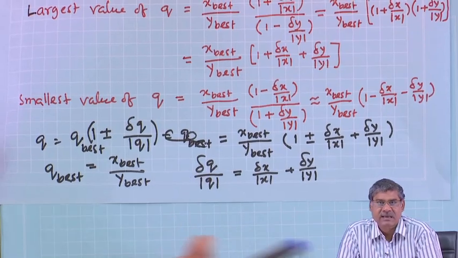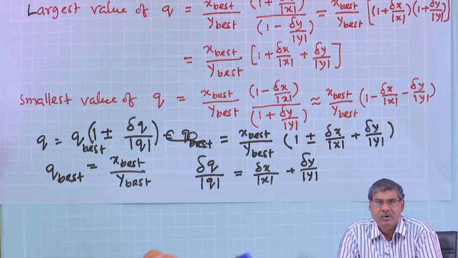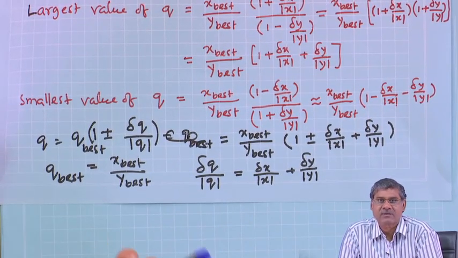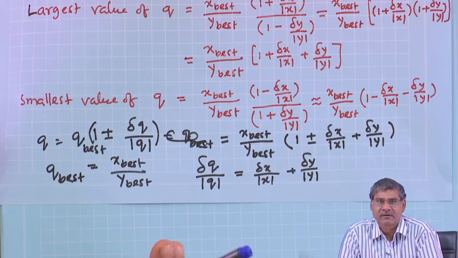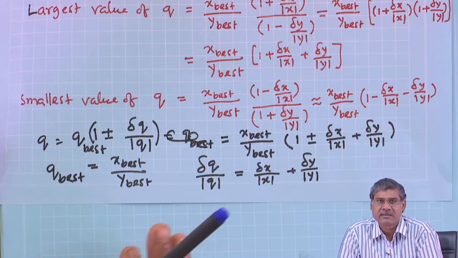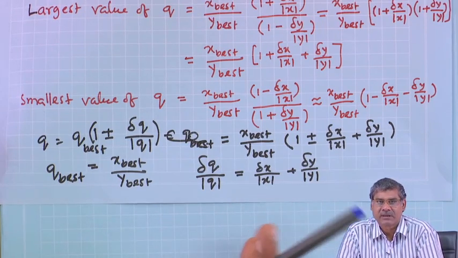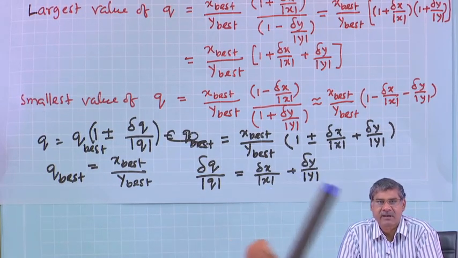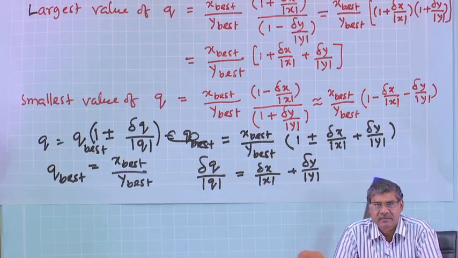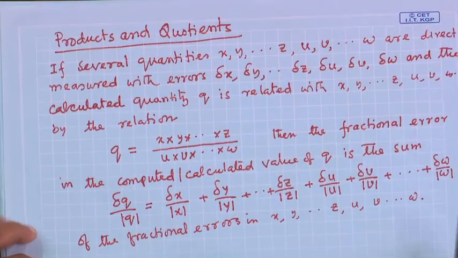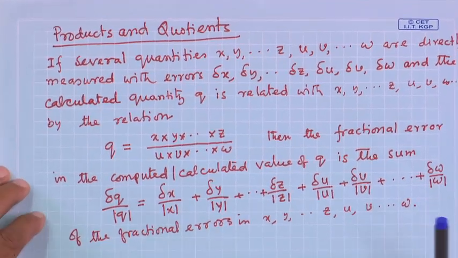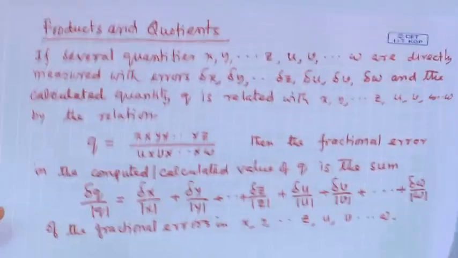So, in both cases, for product as well as for quotient, the rule is that the relative error of the physical parameter is equal to the summation of the relative errors of the measured parameters. So, the rule in general is for product and quotients. This is the second rule.